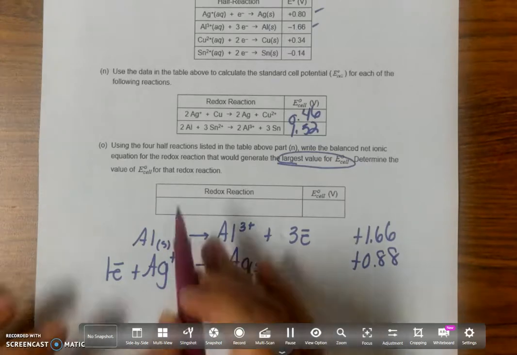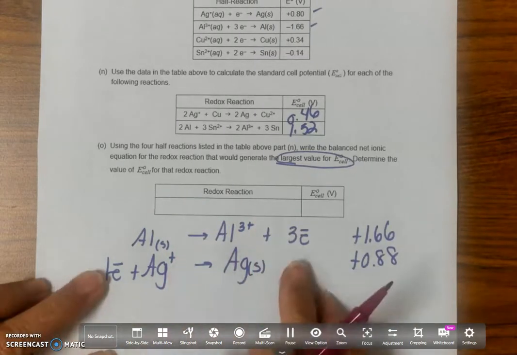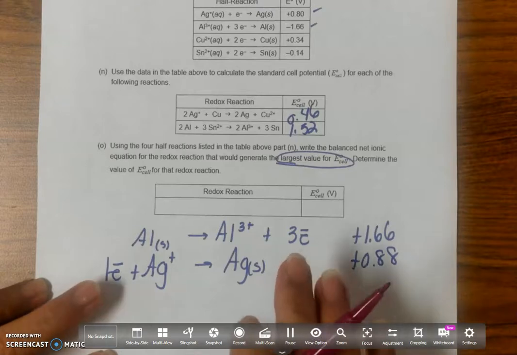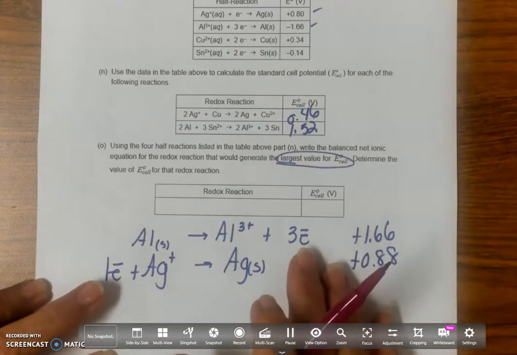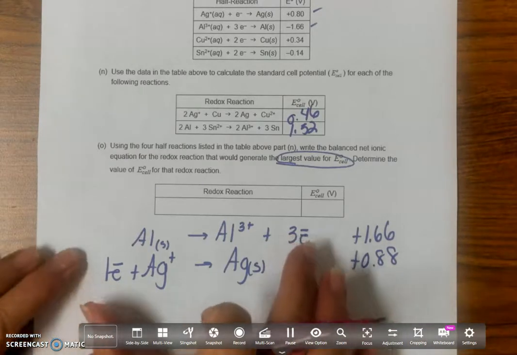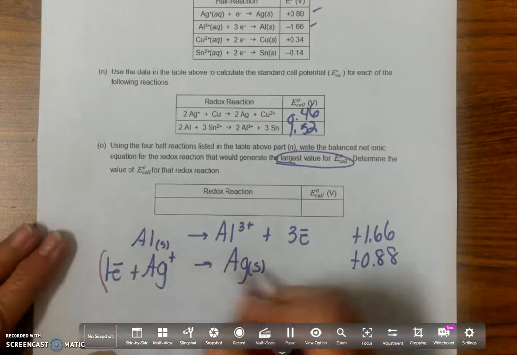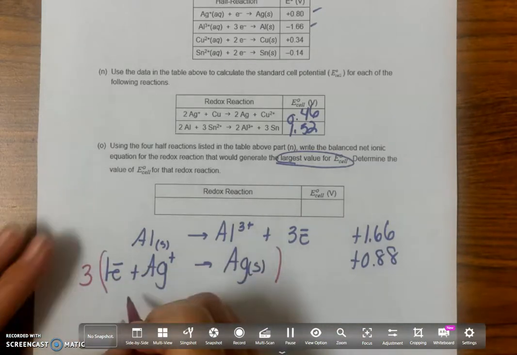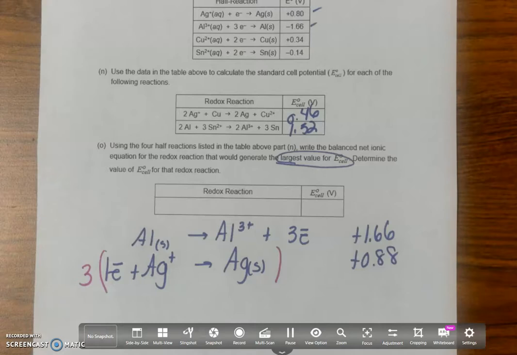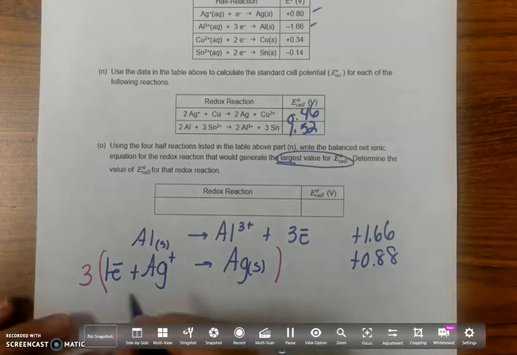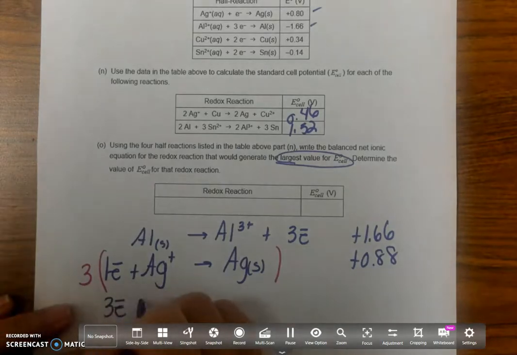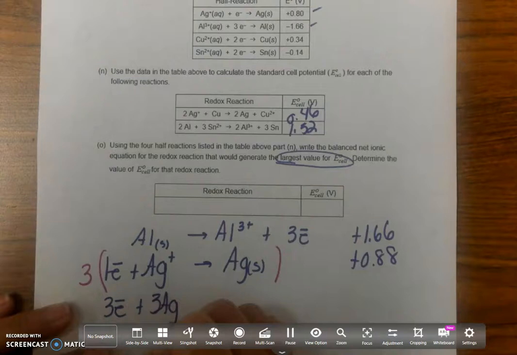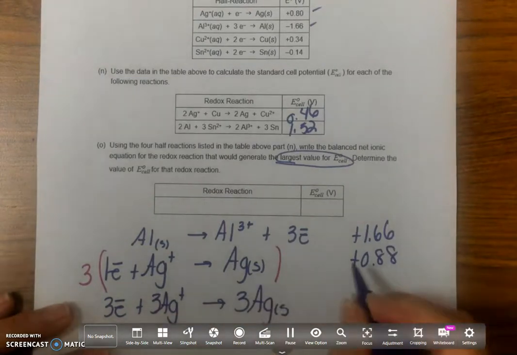Now, before I do anything, I have got to balance. If I want to write my reaction, this is not good. And remember, we balance our redox equations by balancing the number of electrons. So I need to multiply this whole thing by 3, right? And when I do that, I get 3 electrons plus 3 Ag+ goes to 3 silver solid.